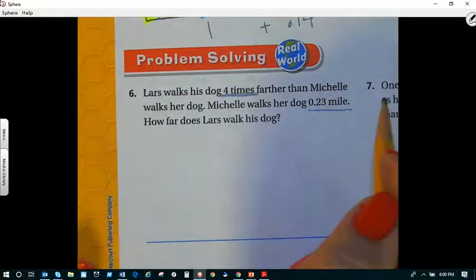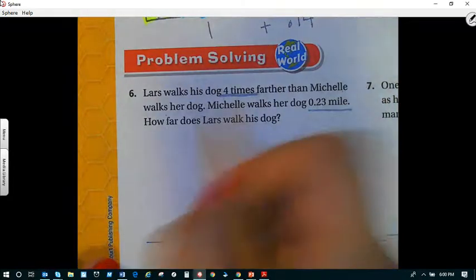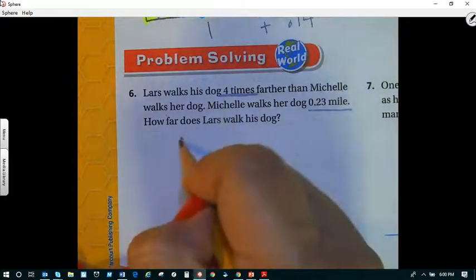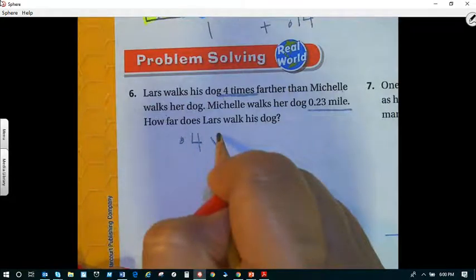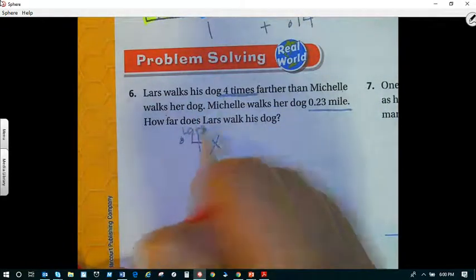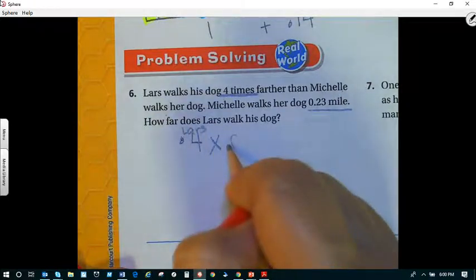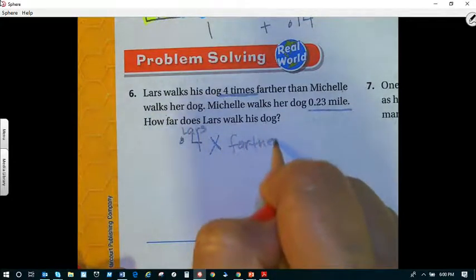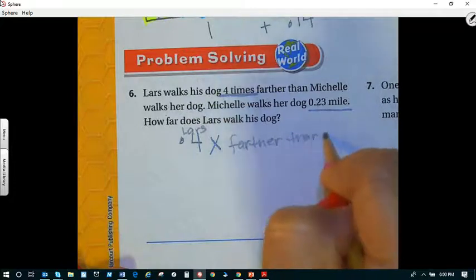Okay, so what we're going to do is I know that he walks it 4 times as much. This is Lars, and he walks his dog 4 times farther than Michelle.